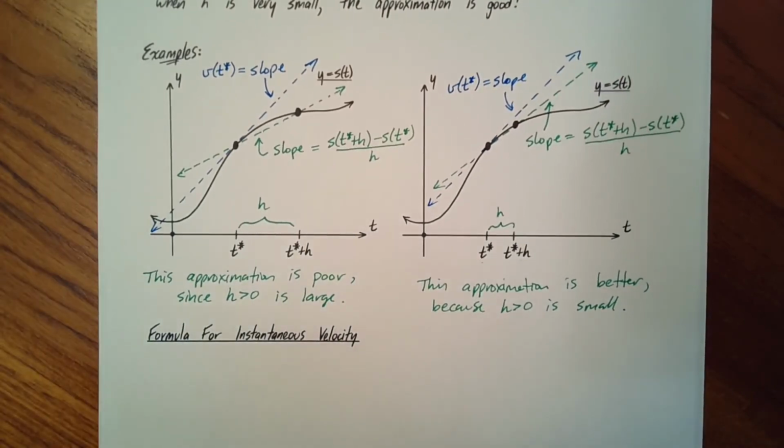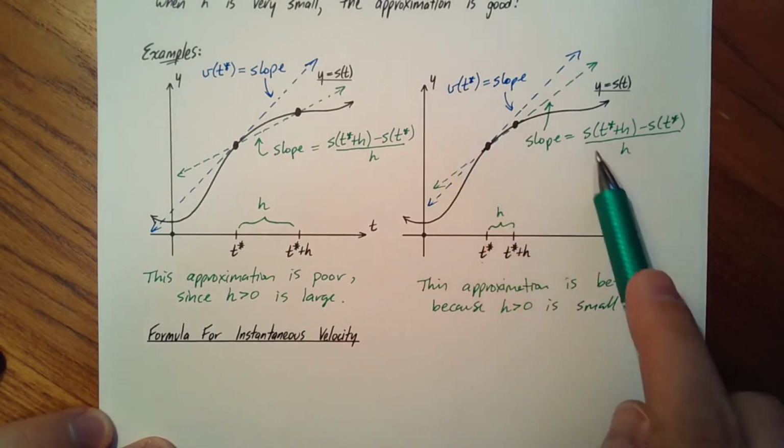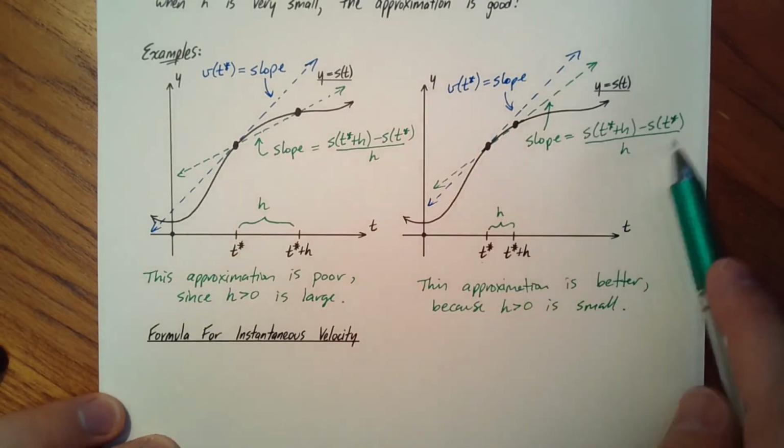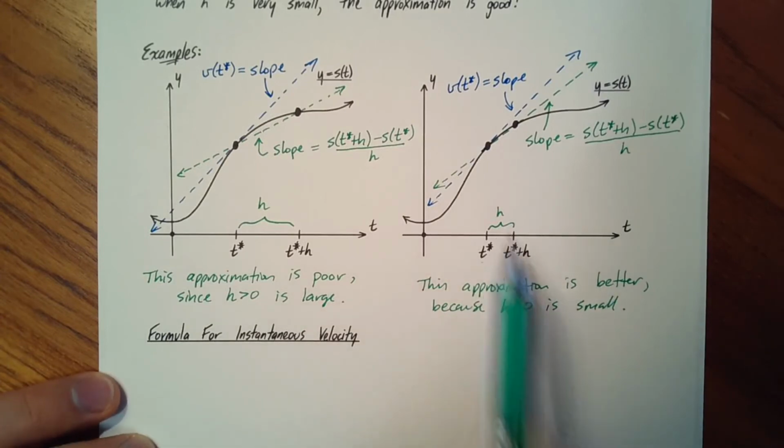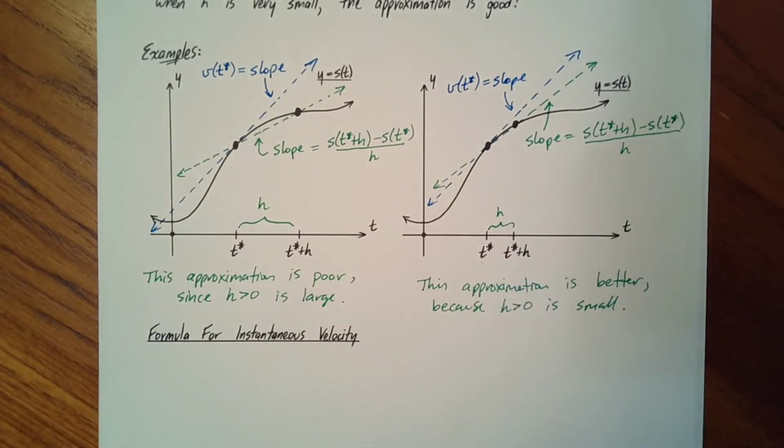What would happen if you drew another picture with an even smaller value of h, and you took an approximation of the instantaneous velocity using the slope of the secant line, or in other words, the average velocity over this time interval? What if you did it again, but for a smaller value of h? And then you could ask yourself the same question again. What happens if you did it again with even another value of h that was smaller still?